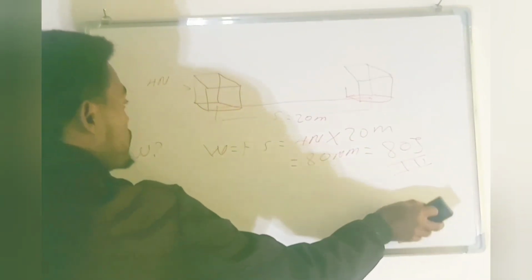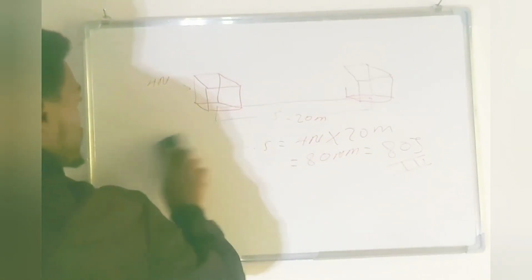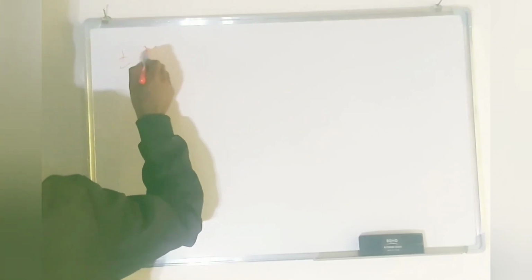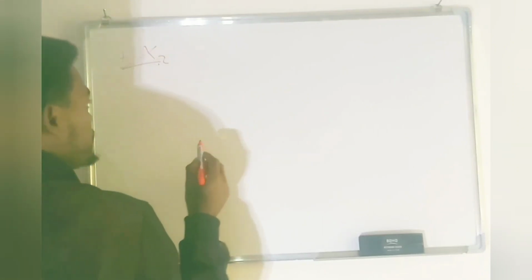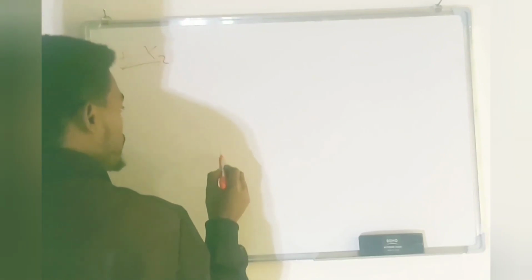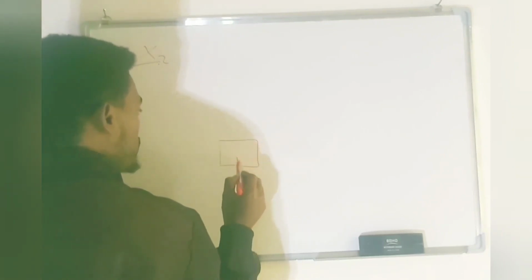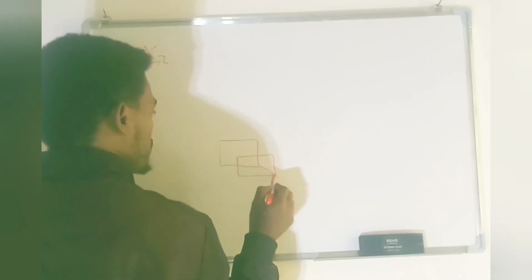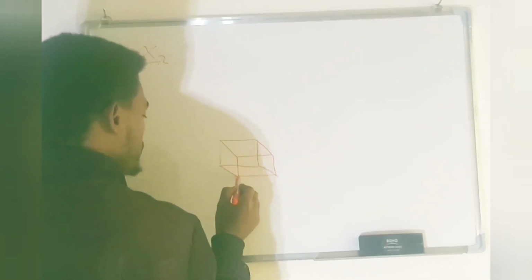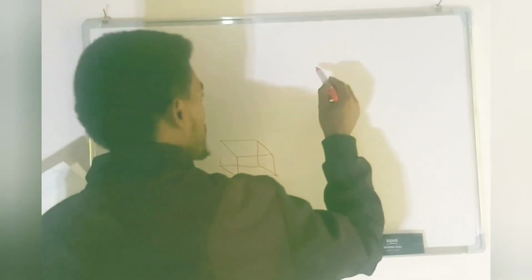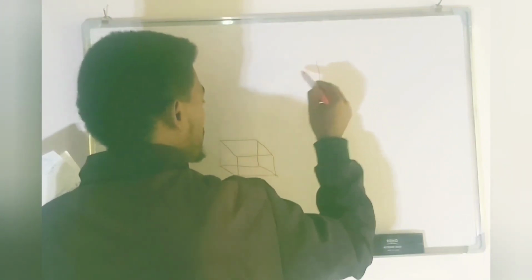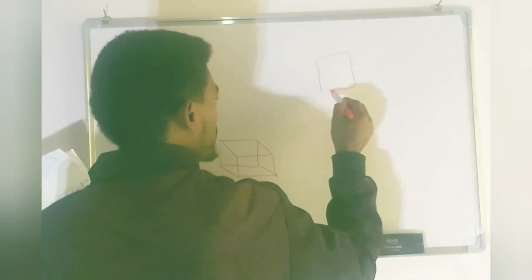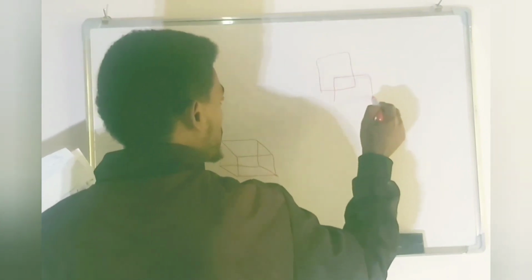Let us continue with the other example. Example 2. Let us also consider now a box. This box slides to this position from here to there.